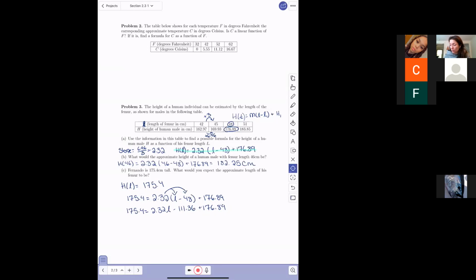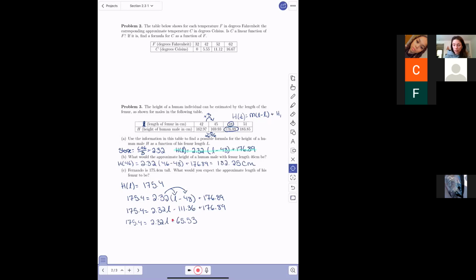I'm going to go ahead and combine my like terms right here. So we have negative 111.36 plus 176.89, which is 65.53. So 175.4 equals 2.32 L plus 65.53.